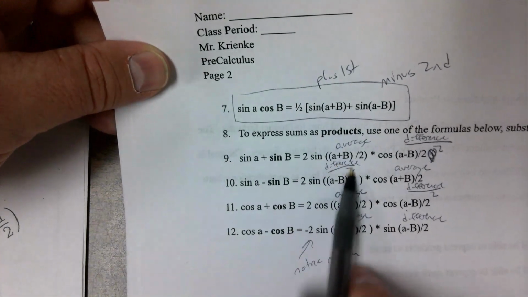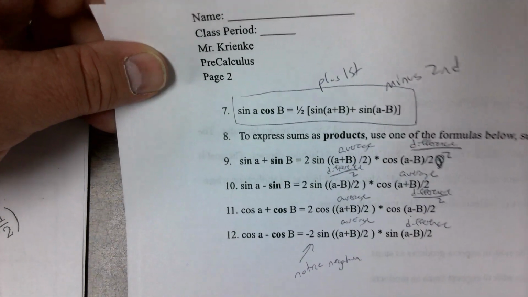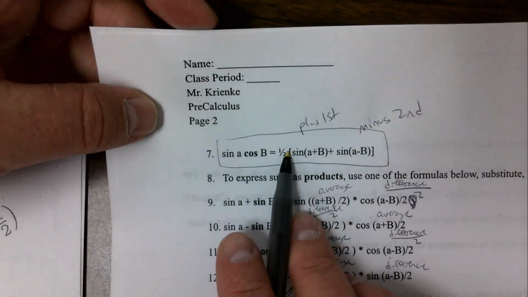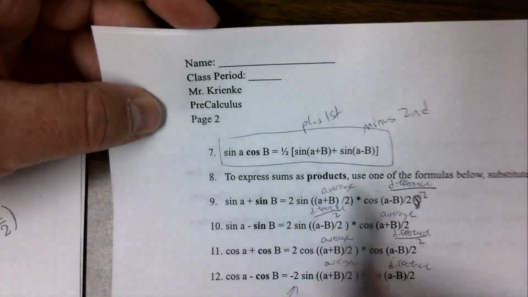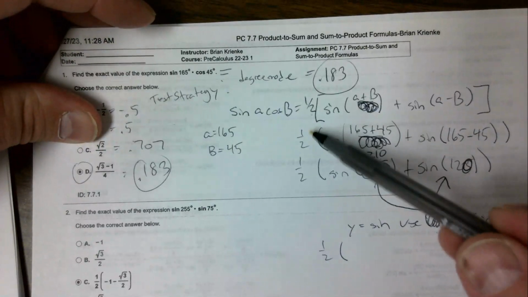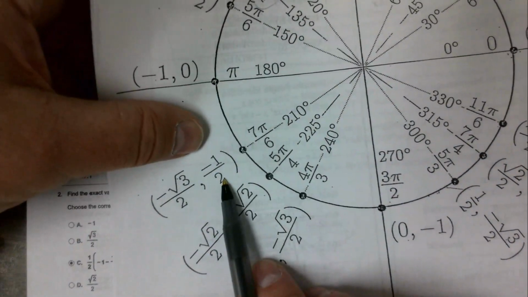I was thinking about this formula with the sine when I put divide by 2. So be careful on which formula you choose. But this one only has the half in front of everything. And so that needs to be like that because 210 is right there and you get a negative 1/2.